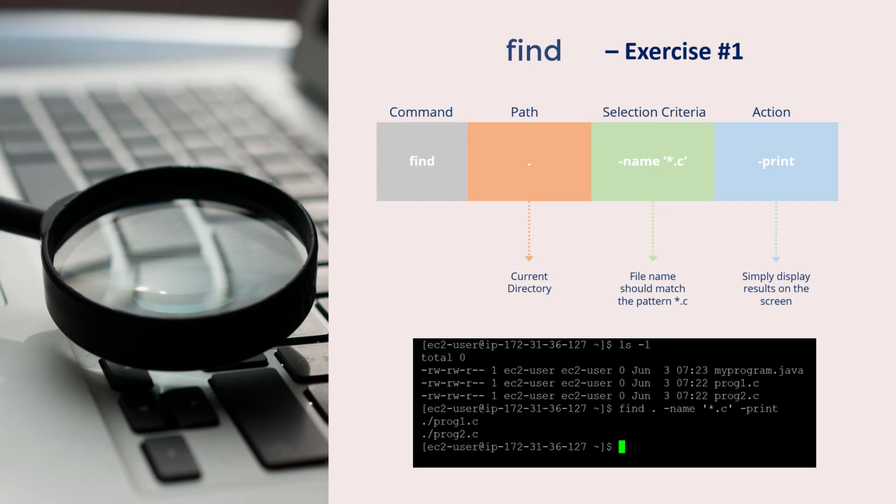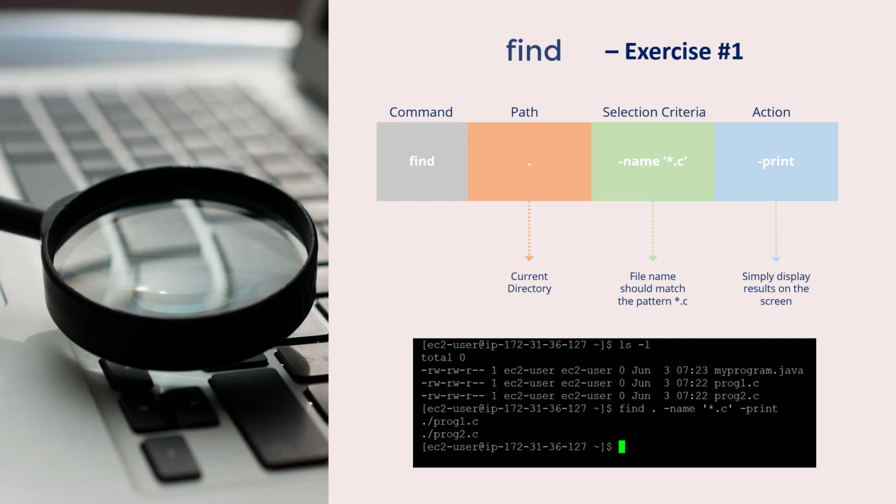Instead of switching back and forth between the terminal and this presentation, I have taken a screen capture of the command invocation and pasted it on this slide. You can see the black terminal box here at the bottom of the slide. First, we did an ls and saw that there are 3 files in the current directory.